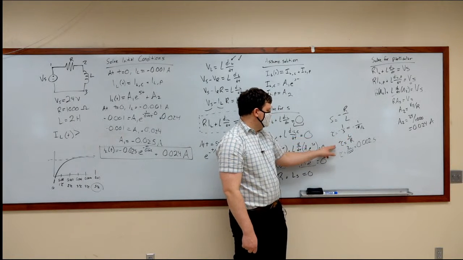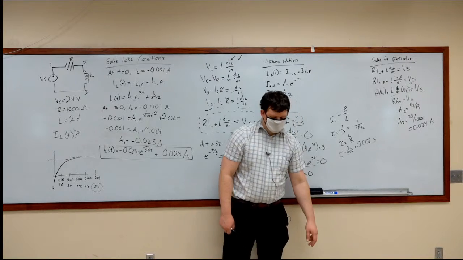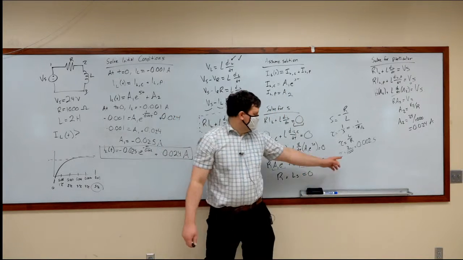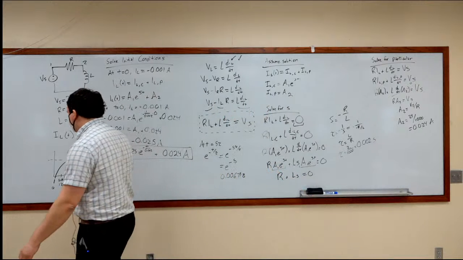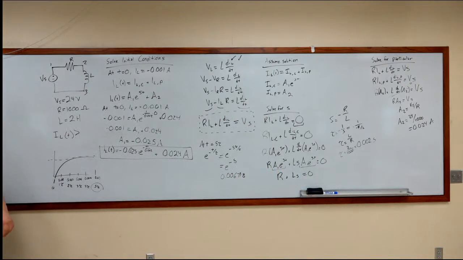If you increase L, you increase tau. Okay, so if we would have placed 4 in here instead, we would have ended up with 0.004 seconds. So for an RL system, increasing resistance decreases the amount of time it takes to reach steady state. Increasing inductance increases the amount of time it takes to reach steady state. You also end up storing more energy.